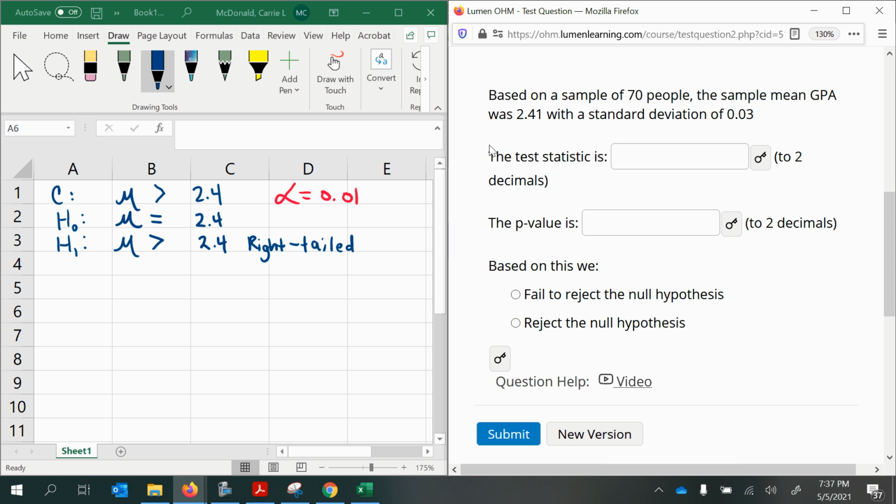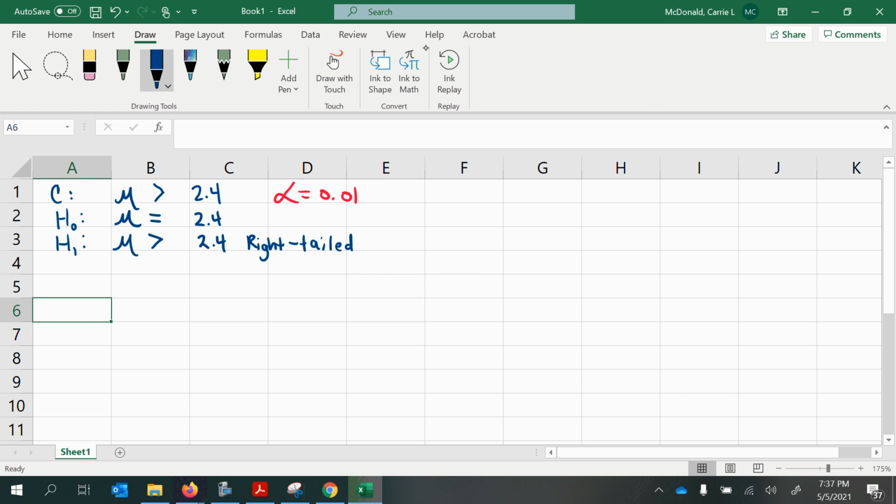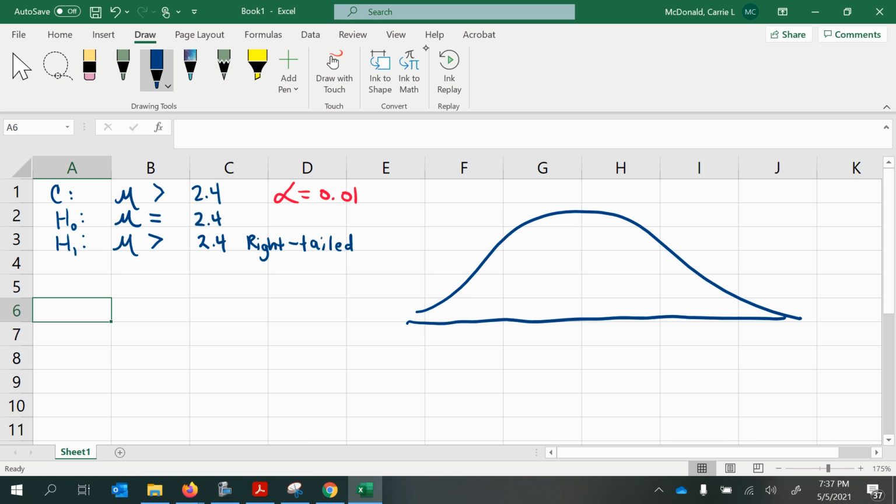Then we're going to focus now on the sample information. So let's begin first, though, by making a sketch. Now, all of our sketches are going to be the normal distribution, or the t-distribution. Both are bell curved and have mean of 0.